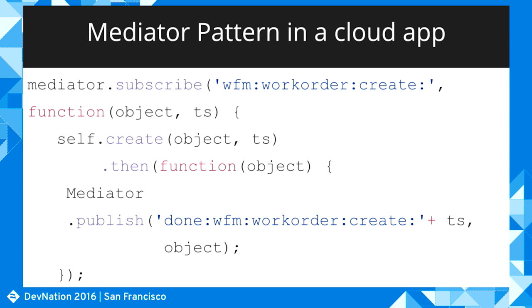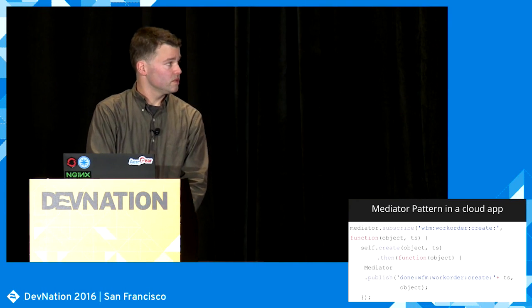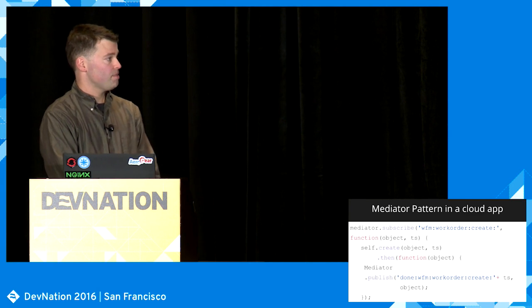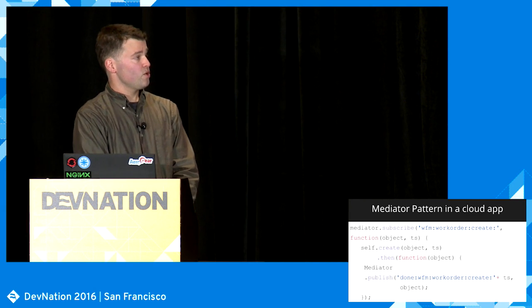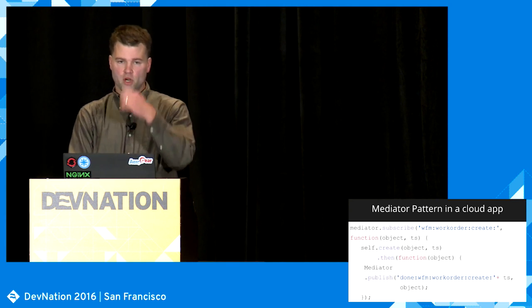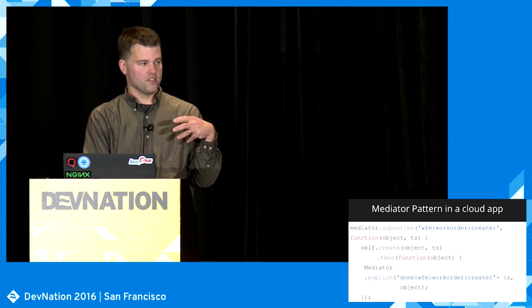On the server side, we see an example of the server-side implementation of a WFM module where it's going to listen to mediator events. Here it's going to subscribe to the WFM work order create event. It's going to perform the create action, and it's going to publish the result. When we structure our application like this, we can add a WFM module to our server side.